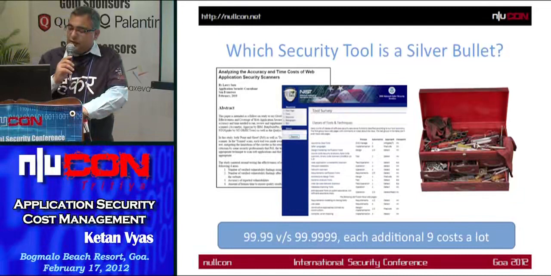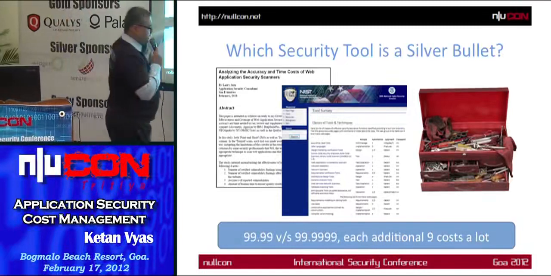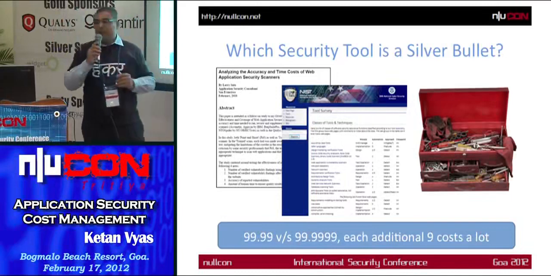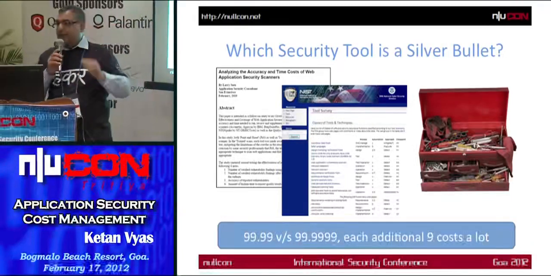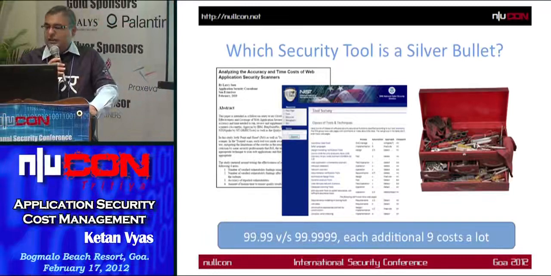None of the tools were able to find all the vulnerabilities. And a lot of tools are available, such as static code analysis tools, and there are dynamic code analysis tools and application analysis tools. At the end of the day, it's a problem.